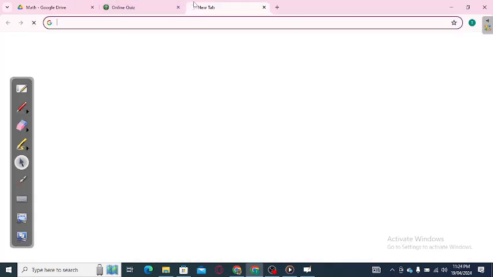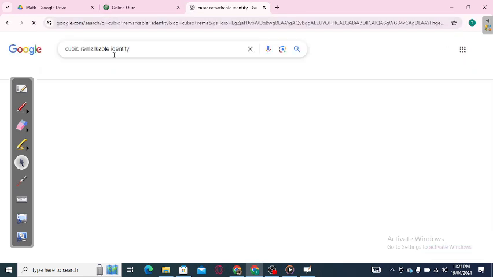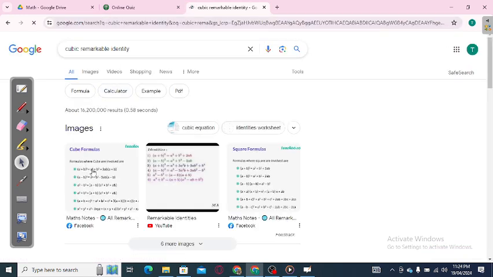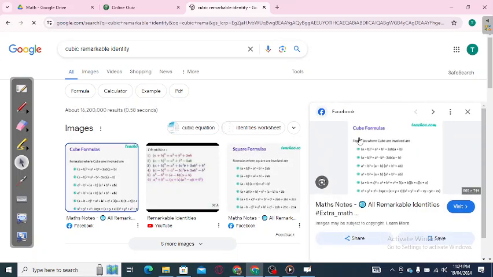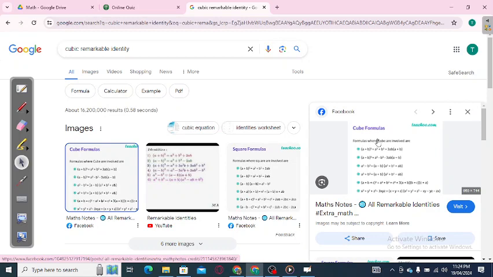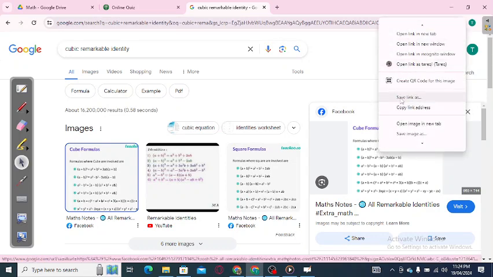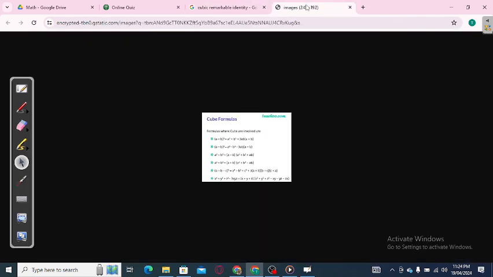Let me see if I can find the picture that I had. Cubic remarkable identity. If I could open the image. Why is it so small? Can I zoom into this?